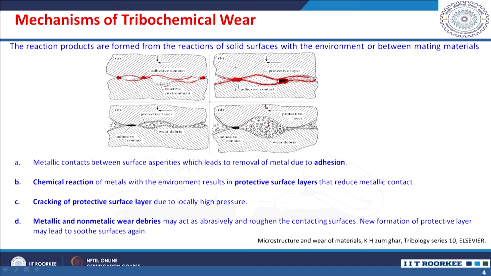So, what happens? There is debris forming out. The metallic or non-metallic wear debris may act as abrasive particles and roughen the contacting surfaces. The new formation of protective layer may again smoothen the surface, right. So, it is a continuous process. First there is an asperity contact giving rise to adhesion, and then because of the reaction with the environment, these metallic surfaces will have the protective layers.